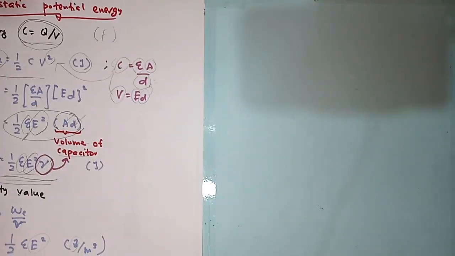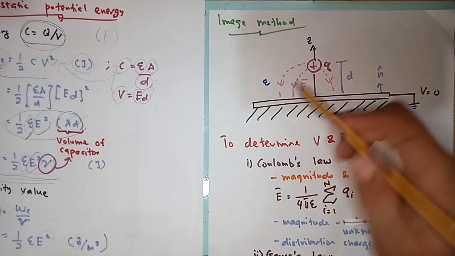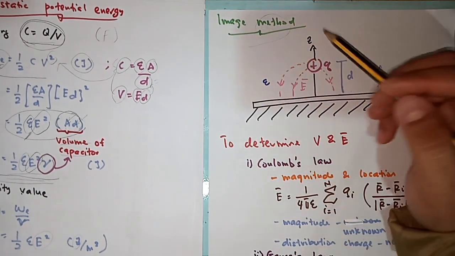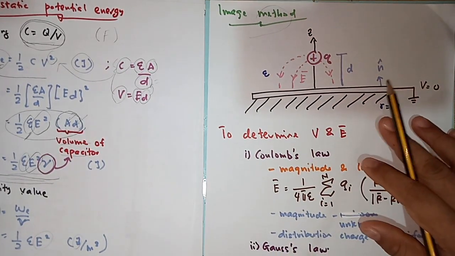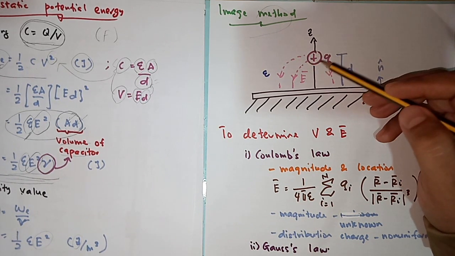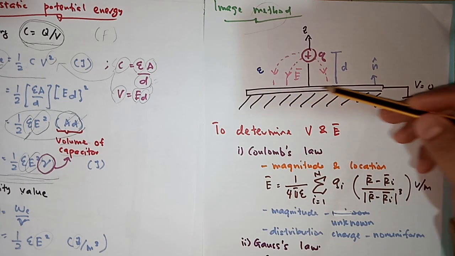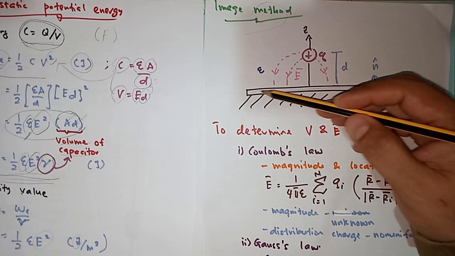Alright, so let's look at the last topic for this chapter. We call it the image method. So let's consider we have one point charge, and this charge is located above a plane, a conducting plane, for example.